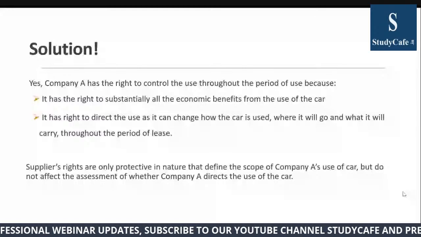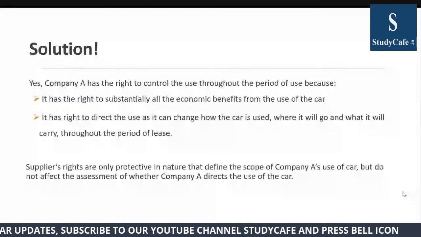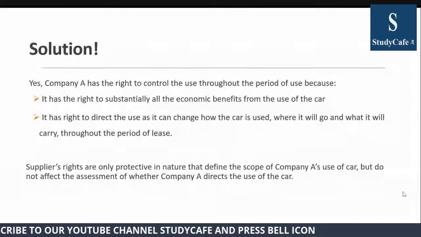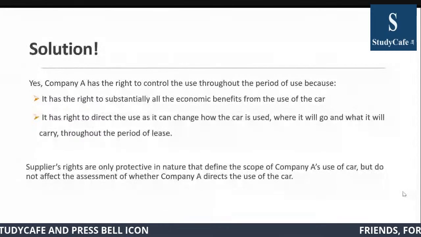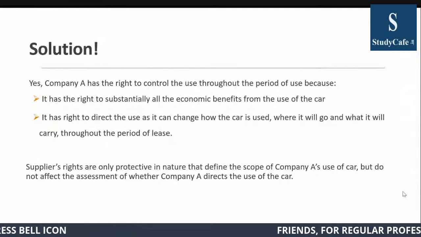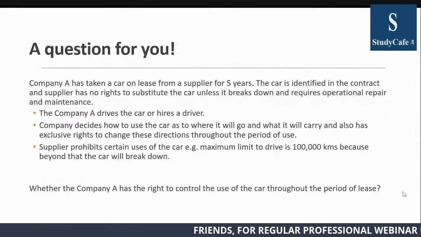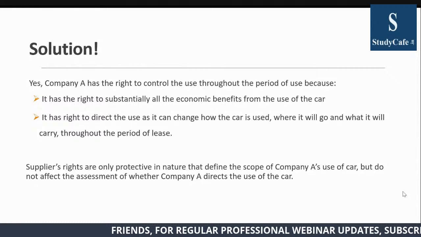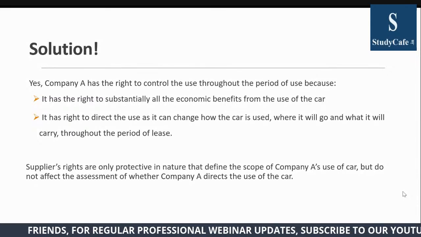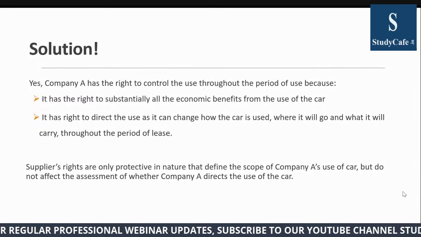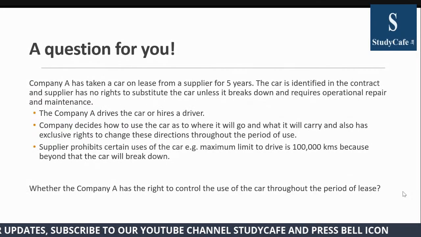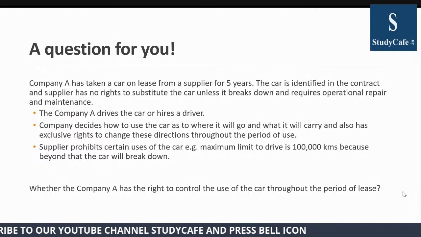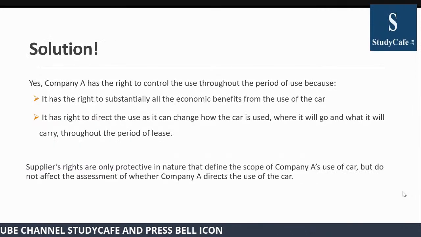Second, they have the right to direct, because they can change the decisions regarding how the car is used and where it will go and what it will carry throughout the period of lease. So for the entire 5 years, we can say that Company A has a right to control the use. And the supplier's right of limiting the use of the car to a maximum of 1 lakh kilometers is just a protective right.